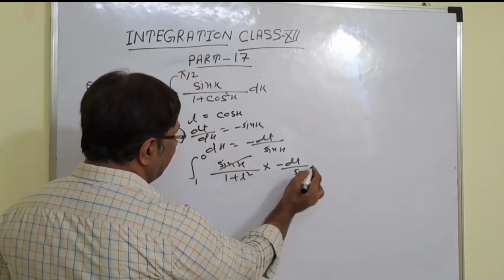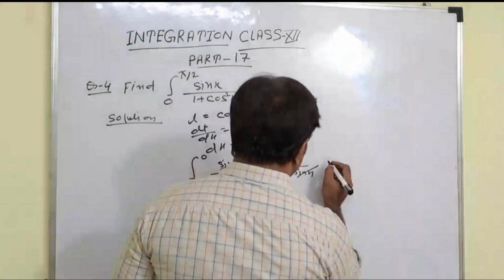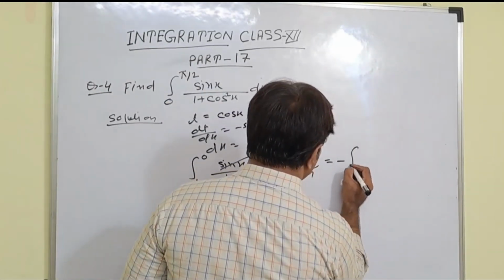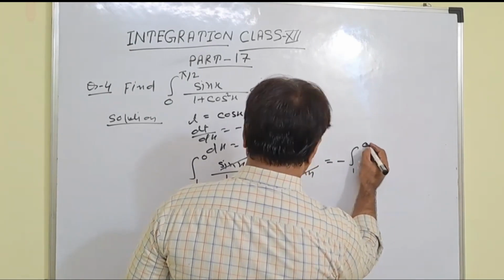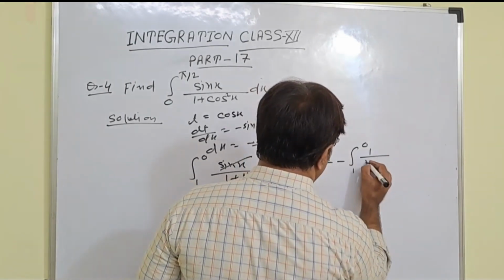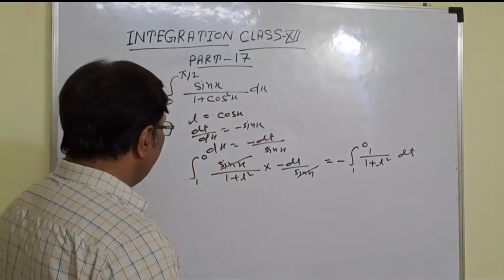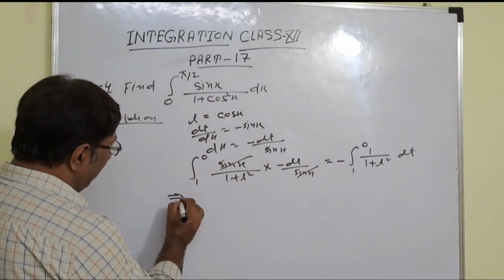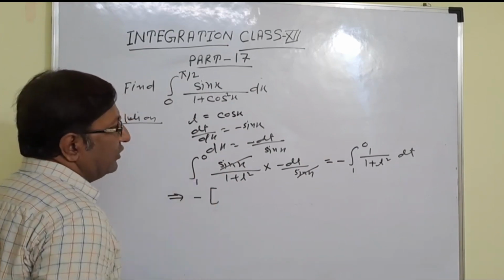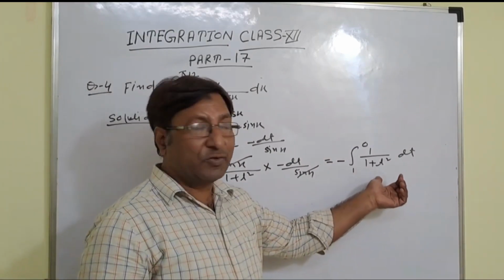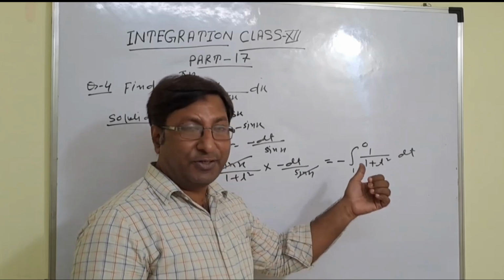So this sin x is cancelled out. So we will get minus of integration 1 to 0, 1 upon 1 plus t square dt. So finally we will get minus integration of 1 upon 1 plus t square, you know tan inverse t.